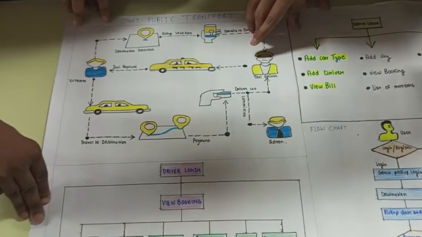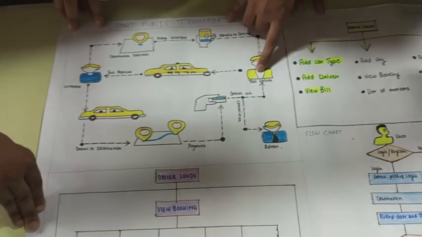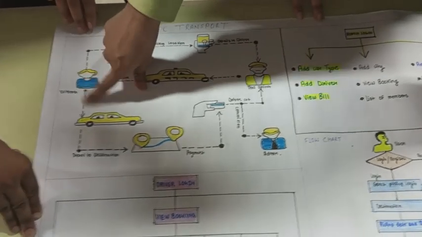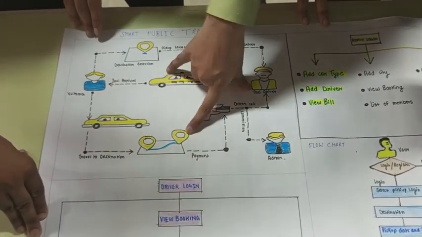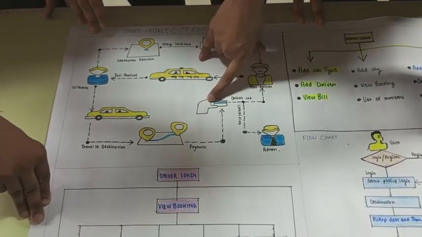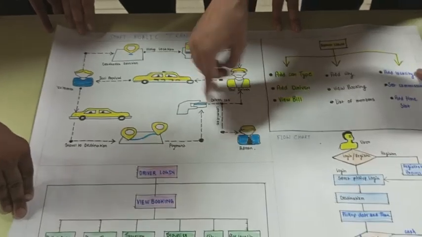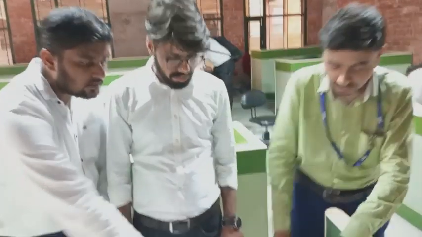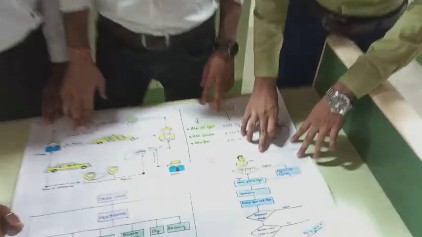After that the taxi driver will reach the customer, and the customer in the taxi reaches the particular destination, and after that the payment is done, and the payment is initiated to both parties, like driver and admin. And now you can see the flow chart of this project.